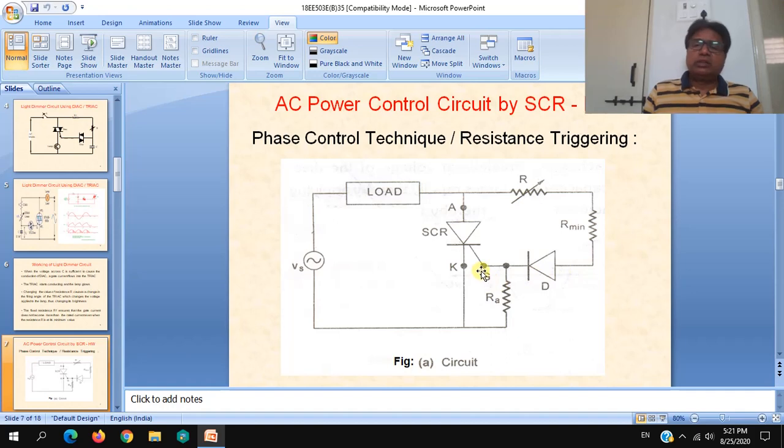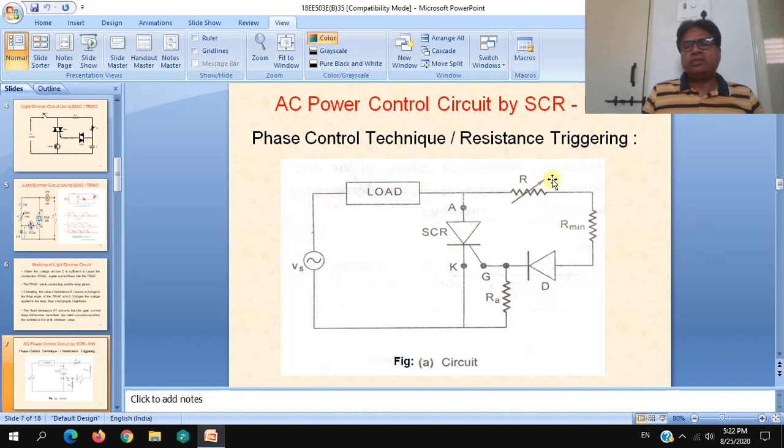The diode conducts, so there will be a pulse entering into the gate of the SCR. The SCR conducts, and the load gets its supply in the positive half cycle. During the negative half cycle, at the zero crossover, just during the transition from positive to negative, the SCR turns off, and the load will not get any supply.